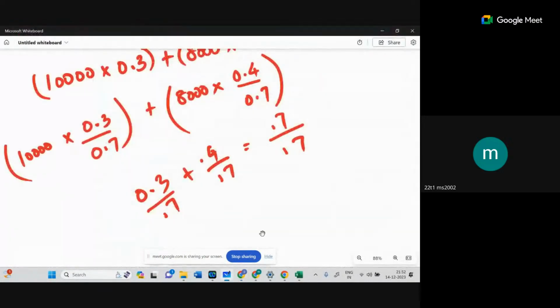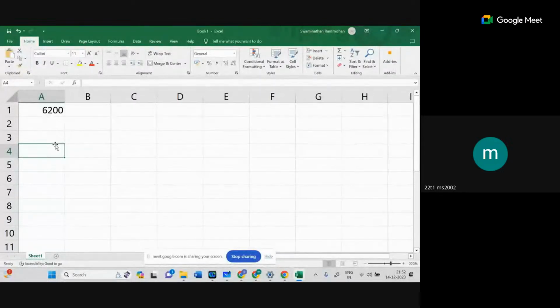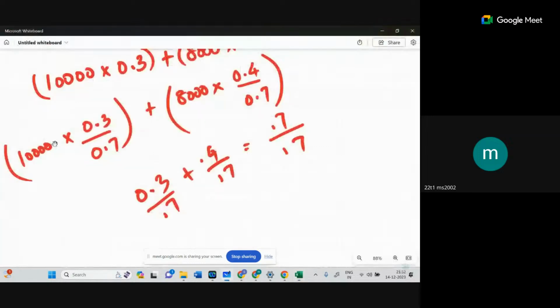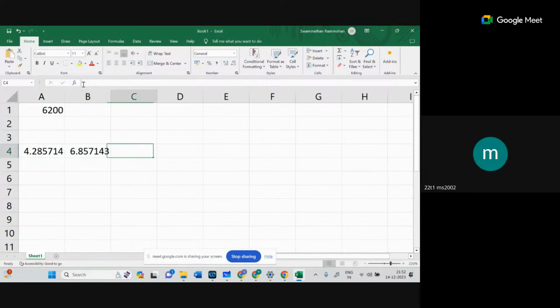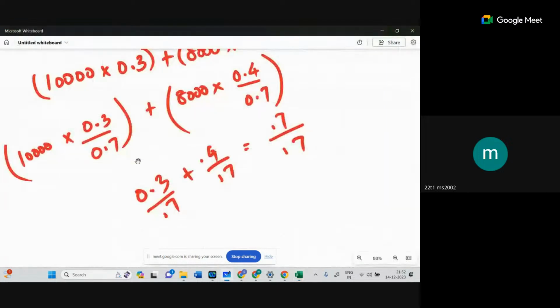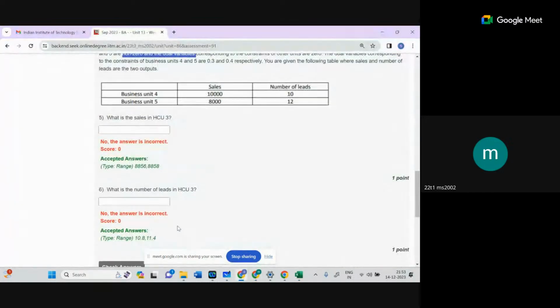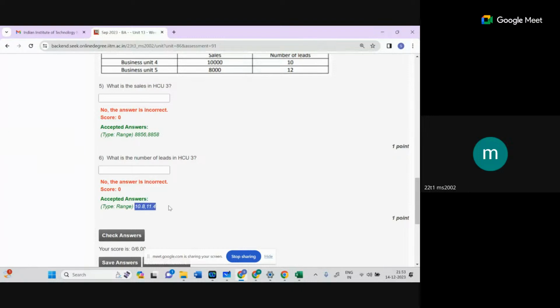Let's quickly check it out. 10 into 3 by 7 plus 12 into 4 by 7. If you take the sum, 11.14. So 11.14 is within the range.